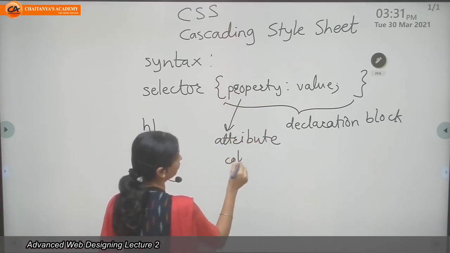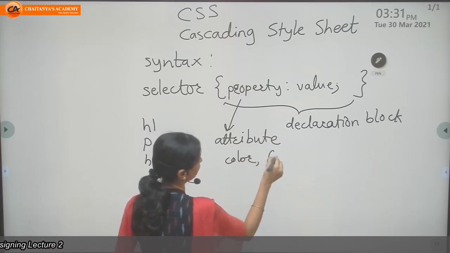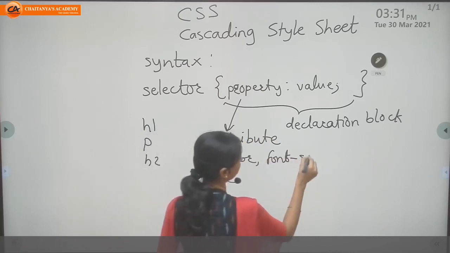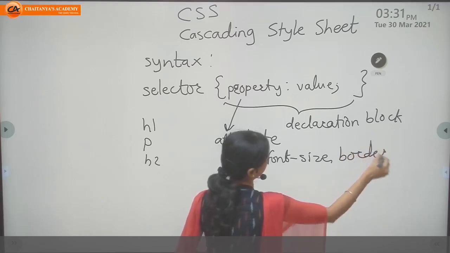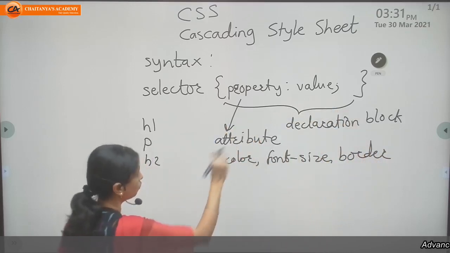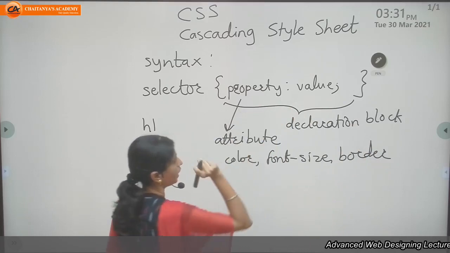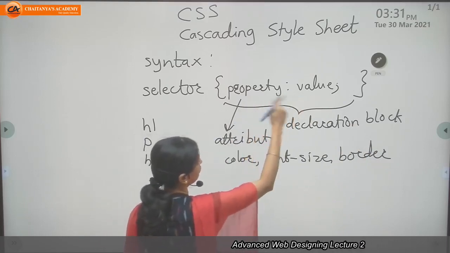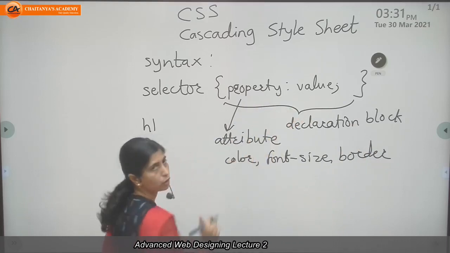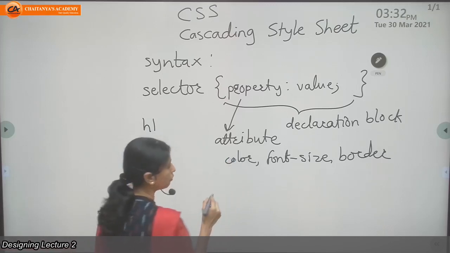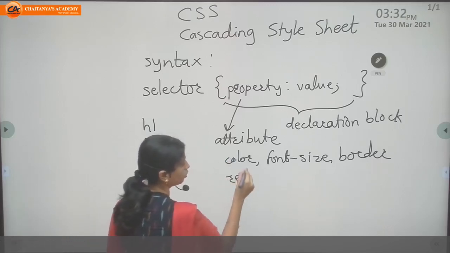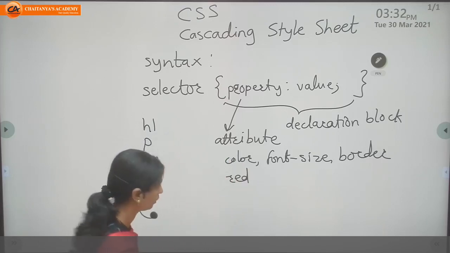color, font size, border, etc. And the value of this attribute means what is the value of the property? For example, if I use color, then the value will be red, blue, black, green, anything.